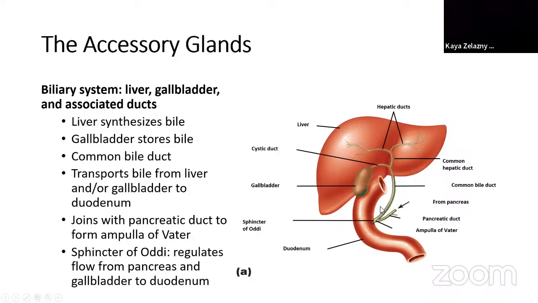Ultimately, we're going to go through the common bile duct, join with the pancreatic duct, create this little swelling called the ampulla of Vater, then go out through a sphincter called the sphincter of Oddi, which is regulating flow of these juices into the duodenum. So summary, liver is producing the bile, gallbladder is storing the bile, bile ducts join up with the pancreatic duct, and the release of bile into the duodenum is controlled.